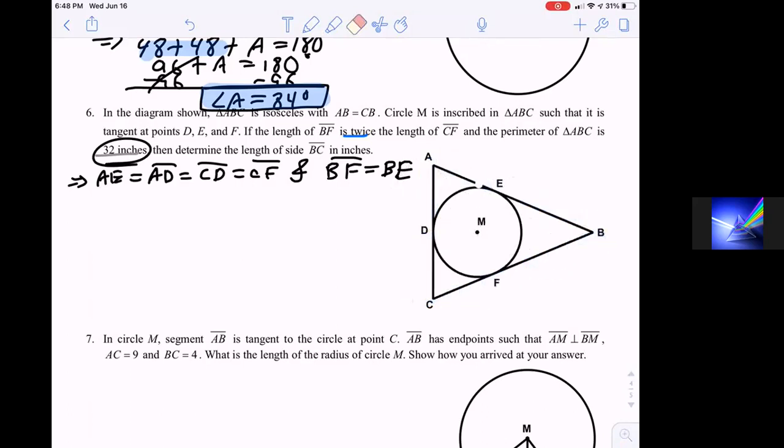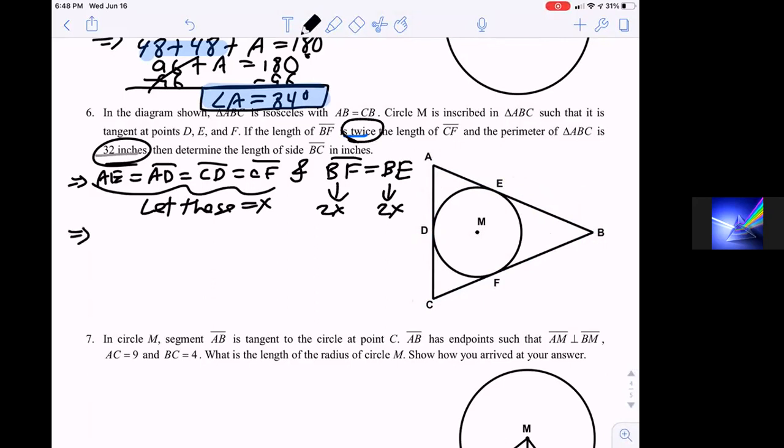So what I will do is I will call each of these smaller segments x, and BF and BE are twice as long, so they're going to be 2x and 2x. So here's what the equation would look like.